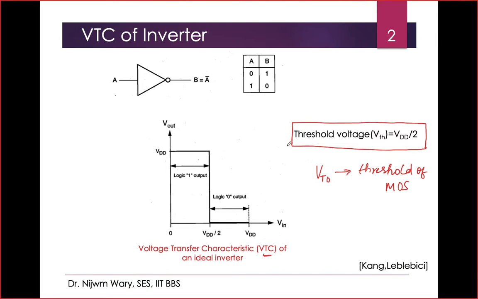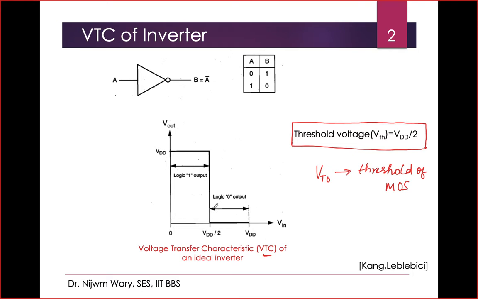So please don't get confused with the threshold of this inverter. The threshold of the inverter is VDD by 2, which is the tripping point, or flipping point.